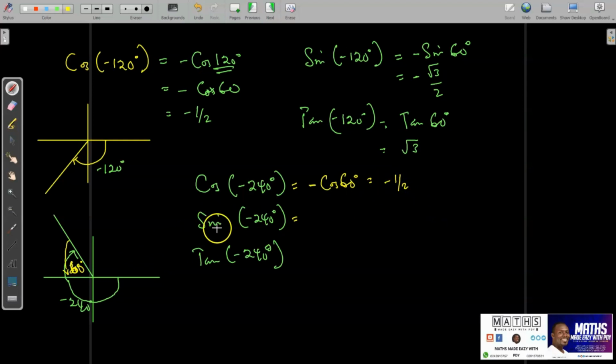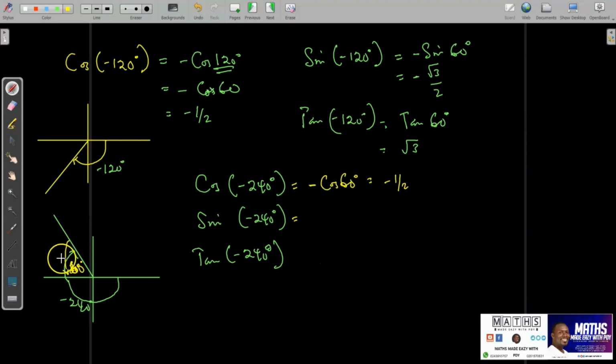Now, sine of negative 240. Negative 240 degrees finds itself in the second quadrant. In the second quadrant, what's the behavior of sine?